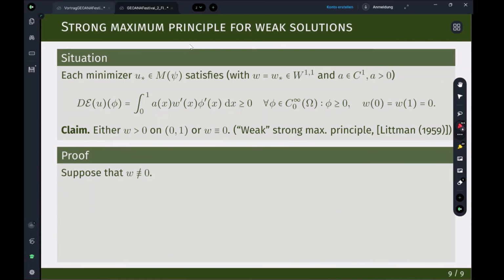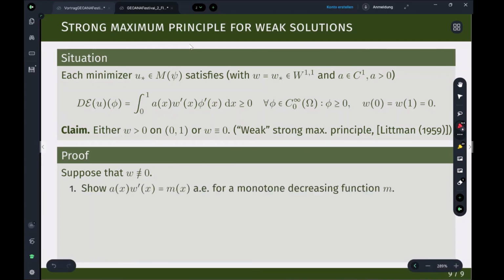So if we suppose that W is not identically equal to 0, then we have to show that it's bigger than 0 in the interior. And first, what one can learn from this equation in one dimension is that A times W star equals a monotone decreasing function.